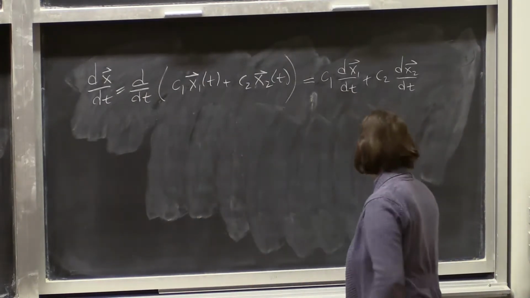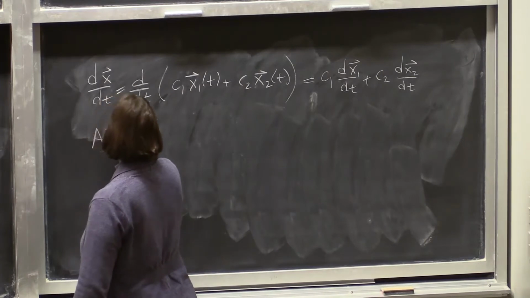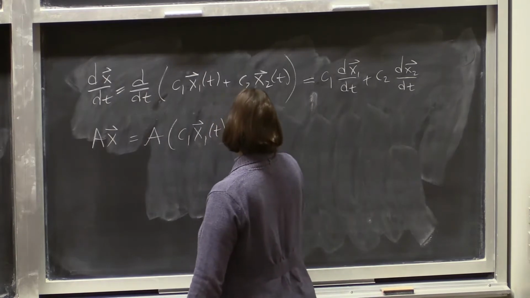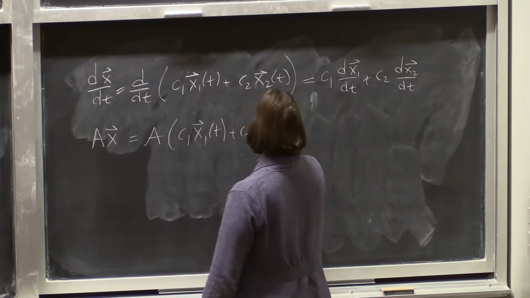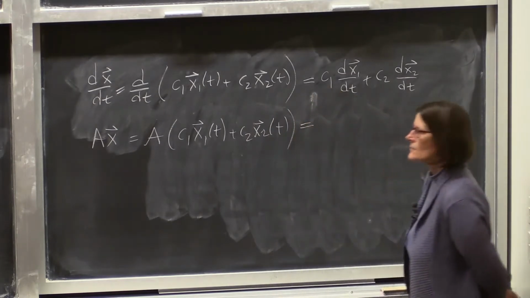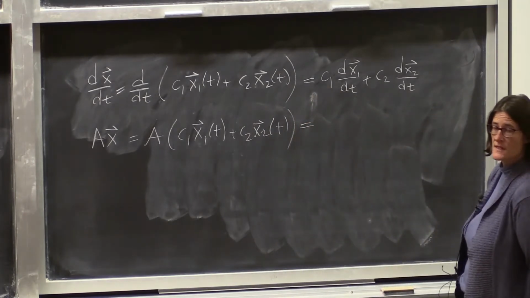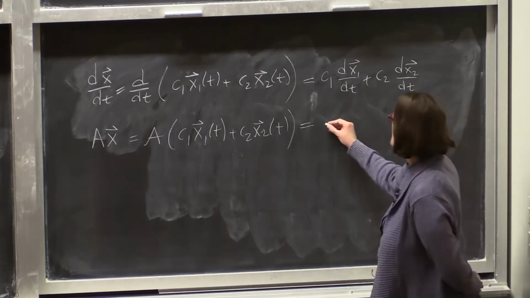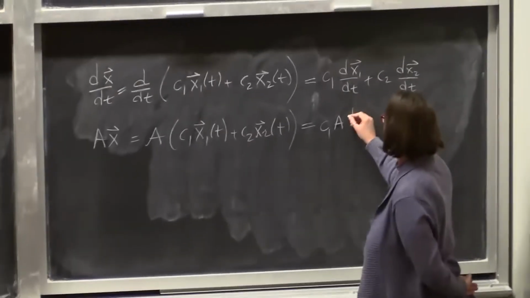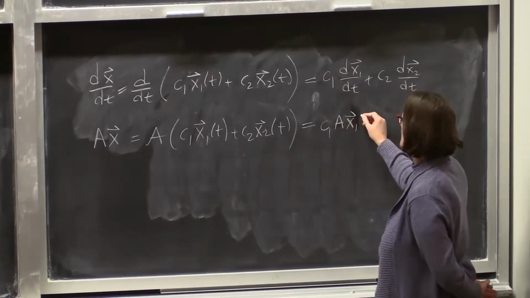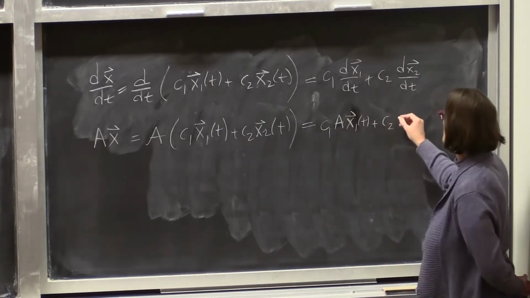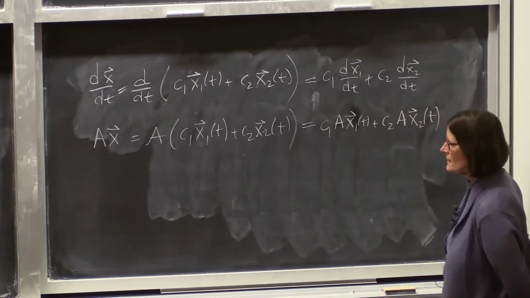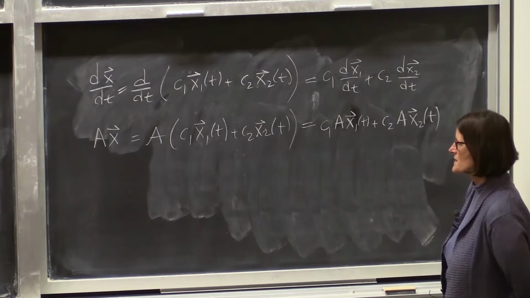That was step 1. I computed the derivative. Step 2, I need to compute A times x. Well, that's A times c1 x1 of t plus c2 x2 of t. Matrix multiplication, is it a linear operator? Does it play nice with addition, with scalar multiplication? Yes. So this is going to be c1 A times x1 of t plus c2 times A x2 of t. So I've finished step 2. I computed A times x.